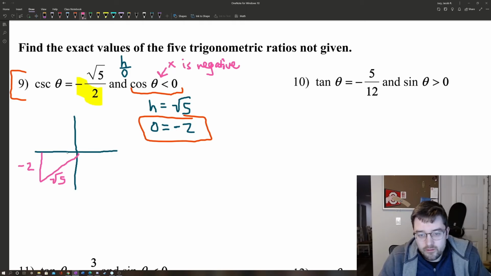So the remainder of the work that I've got to do revolves around using the Pythagorean theorem and working out the remaining trig ratios. So I'll work out the Pythagorean theorem right now, and then you can figure out the rest of the trig ratios. My last side I want to find is going to be adjacent, so a squared.